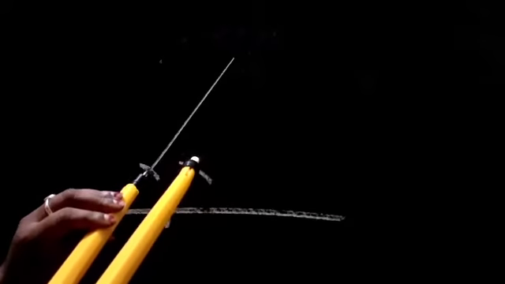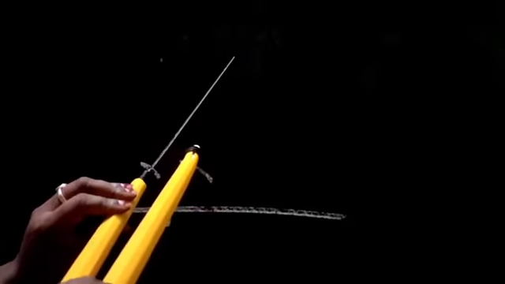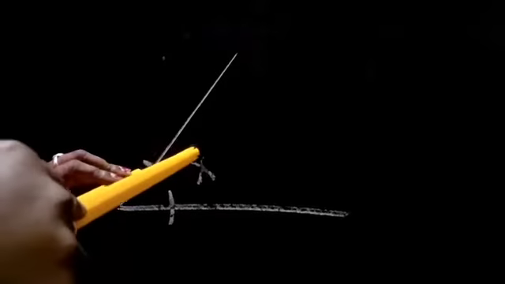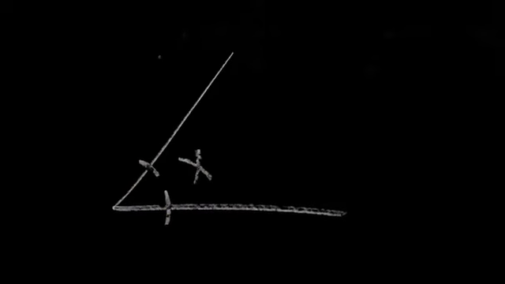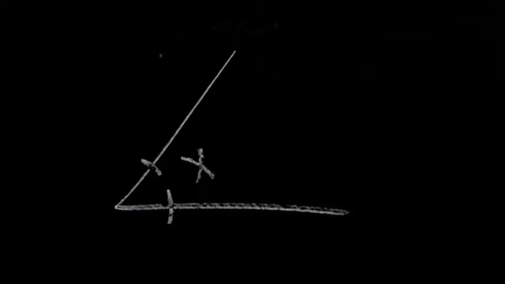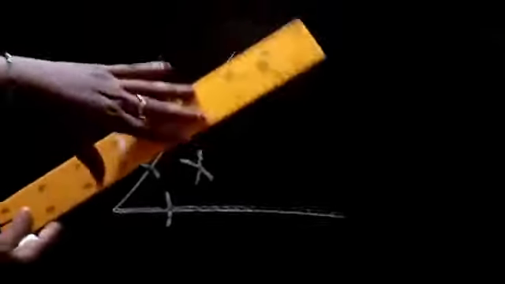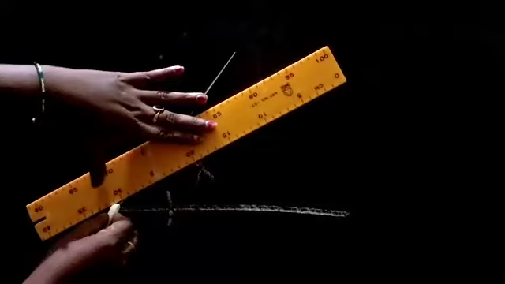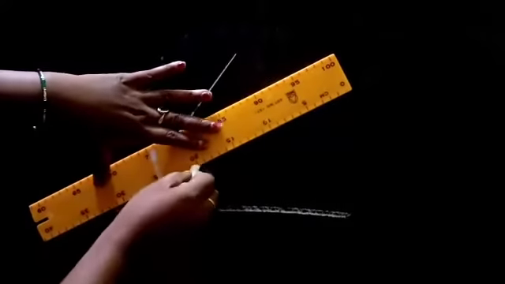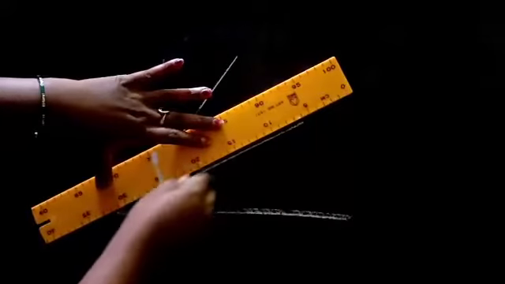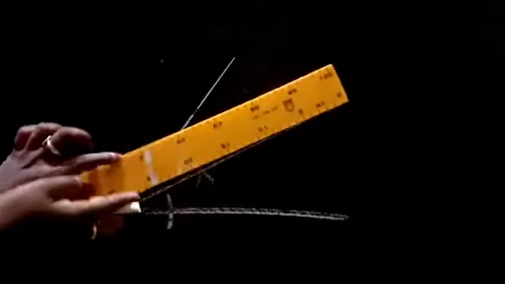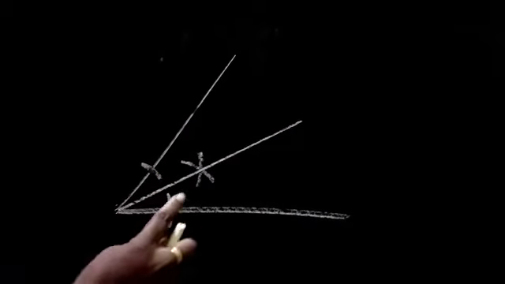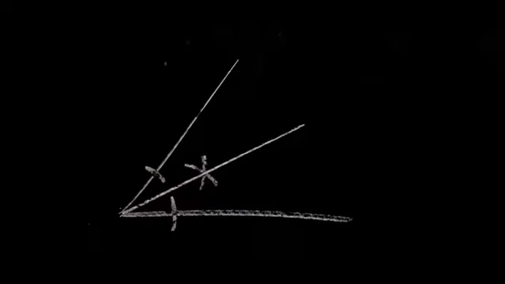From the second arc to the third arc we are going to cut. Now we have to join this vertex and this arc. So now this angle is bisected by this line.